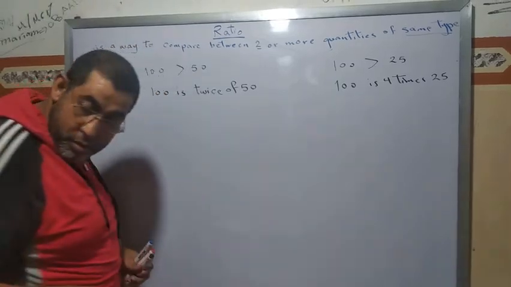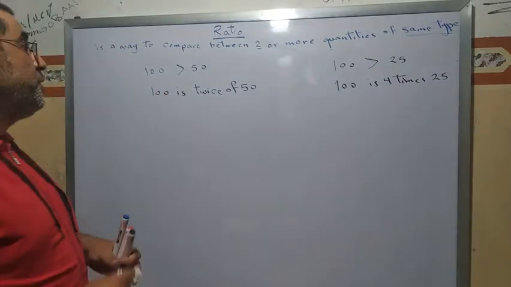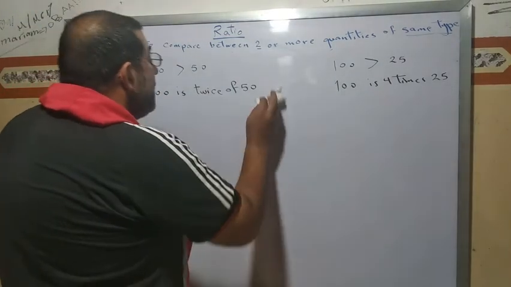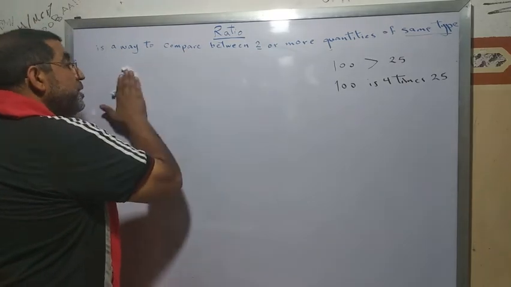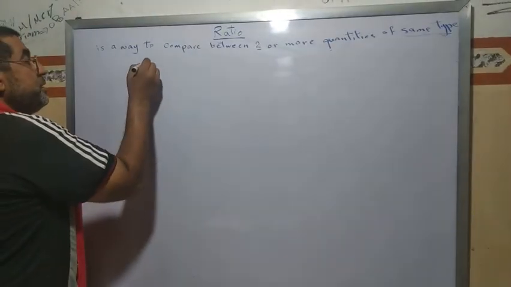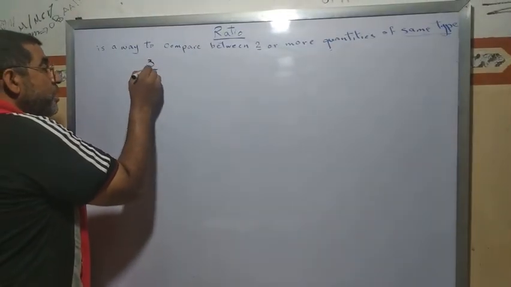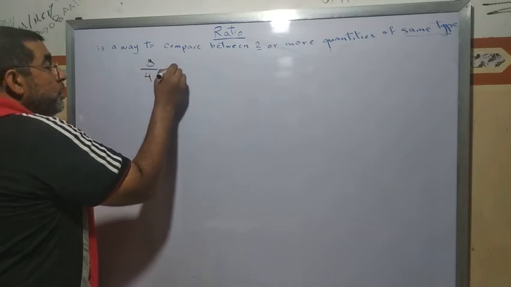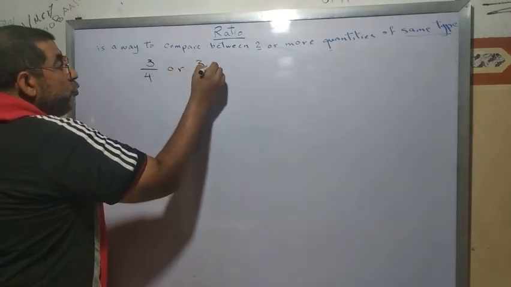So, ratio. How to write ratio? We can write the ratio between two numbers or between two quantities. And the ratio between 3 and 4 is 3 over 4 or 3 to 4.